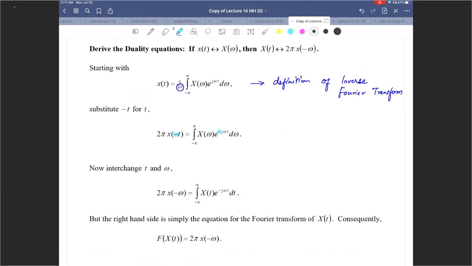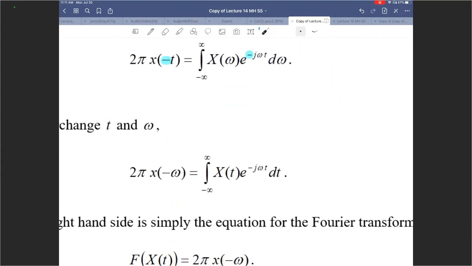Next, interchange t and omega. We can do that, right? Mathematically, nothing changes. I'm just going from one arbitrary variable to another arbitrary variable. So what do you have? 2 pi x of minus t becomes 2 pi x of minus omega. Integration remains as is. Cap X of omega becomes cap X of t because we interchange the variables omega and t. e to the minus j omega t remains as is because even if you change t and omega, the product remains the same. d omega becomes dt.